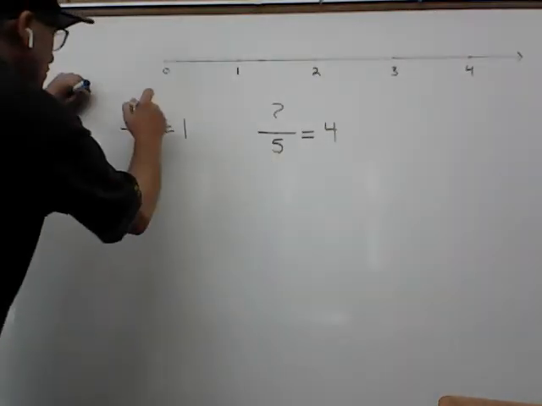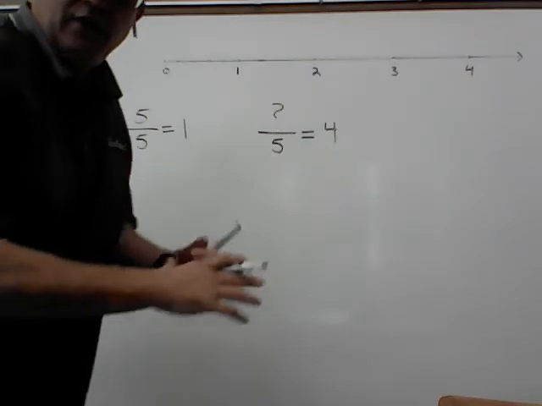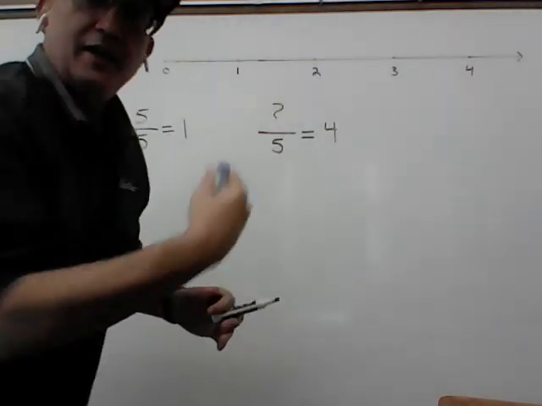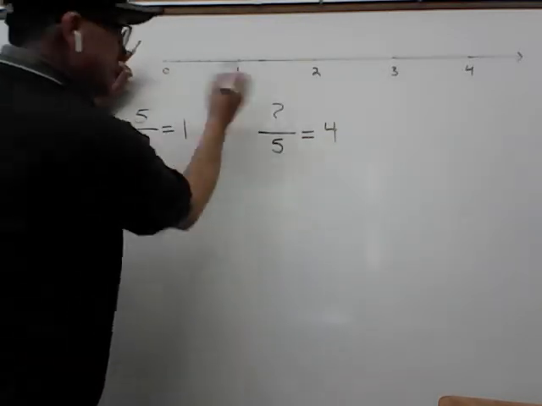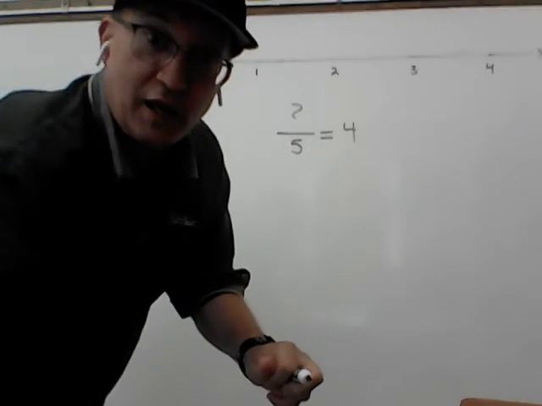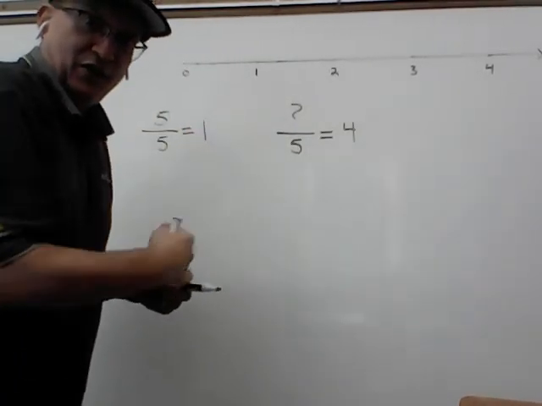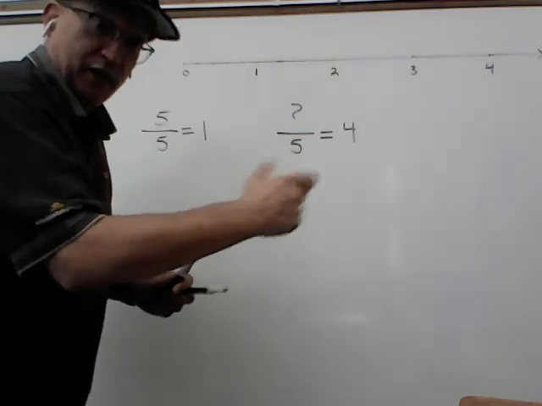So let me replace this question mark with 5, and then direct your attention to the fifth number line I made between 0 and 1. I spaced these 4 points in between. Remember, to create a fifth number line, you have 4 equally spaced points between the 0 and the 1, which creates 5 equally sized pieces.